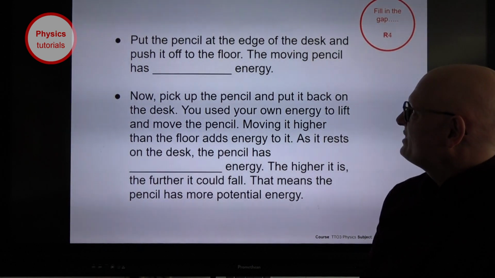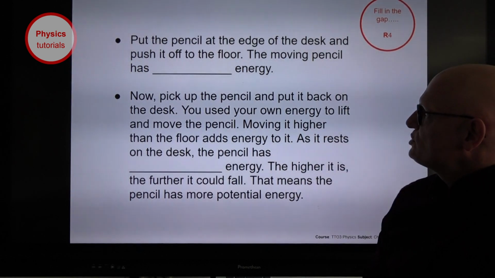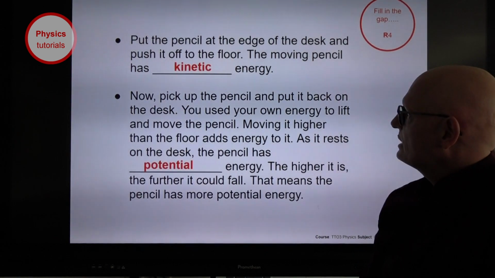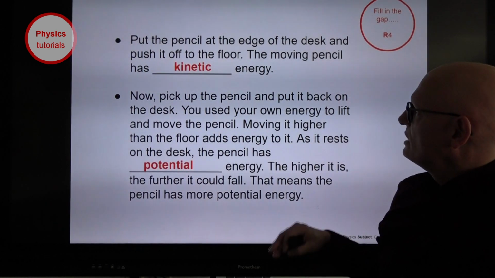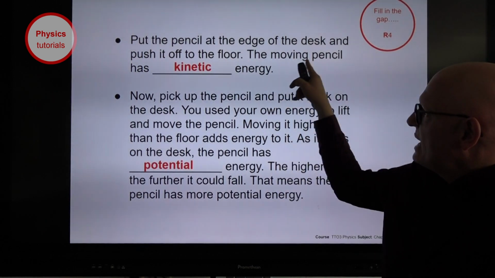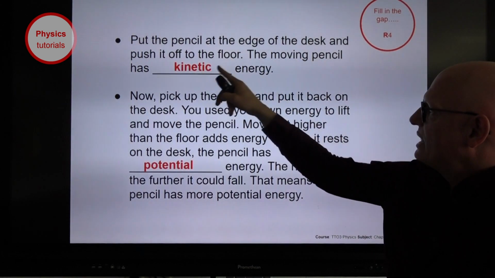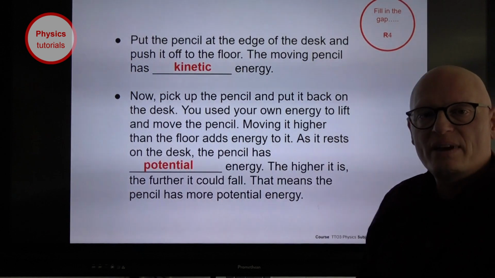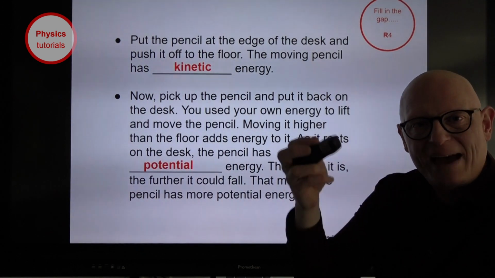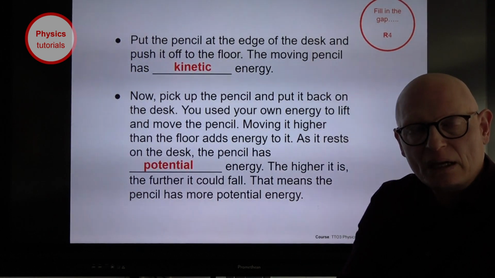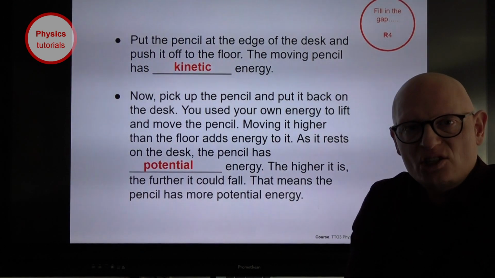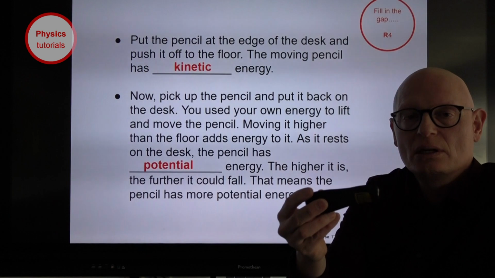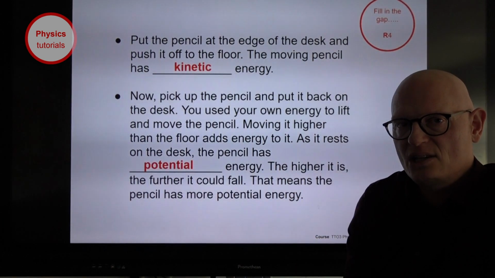Put the pencil at the edge of the desk and push it off to the floor. The moving pencil has kinetic energy. Now, why does it have kinetic energy? You can see it here in the text. The word moving points out that the pen is falling. And while it's falling, the potential energy the pen has is converted into kinetic energy.